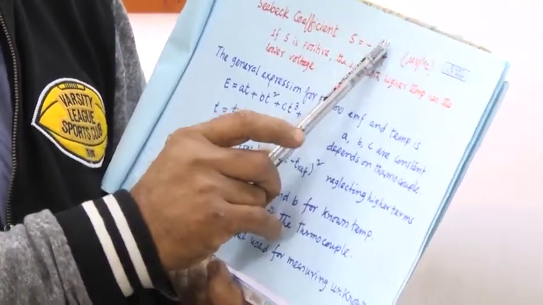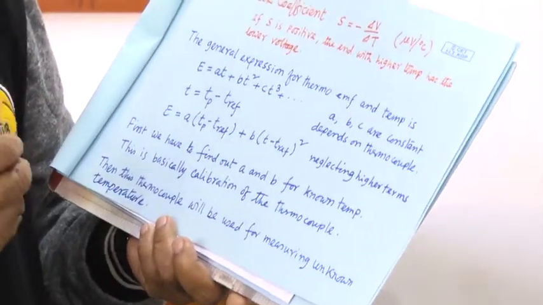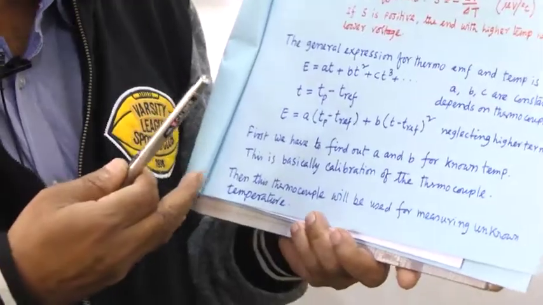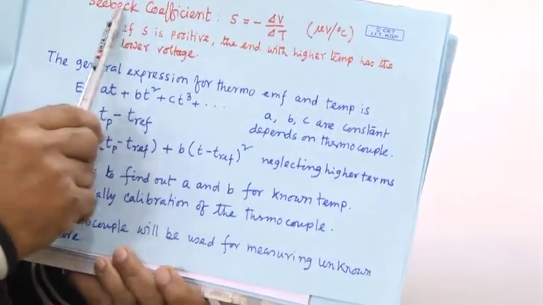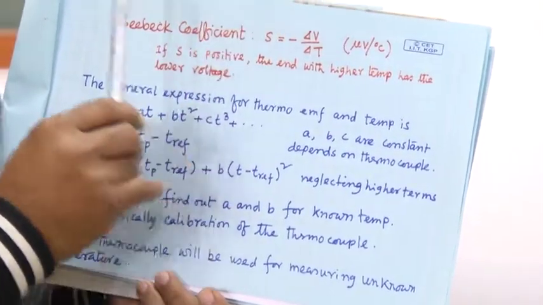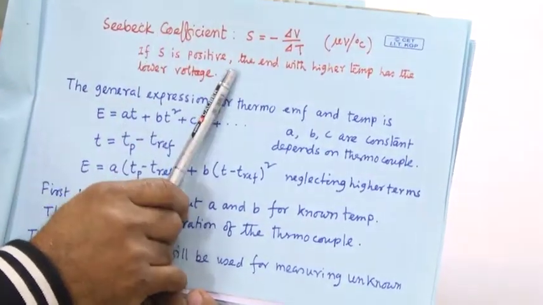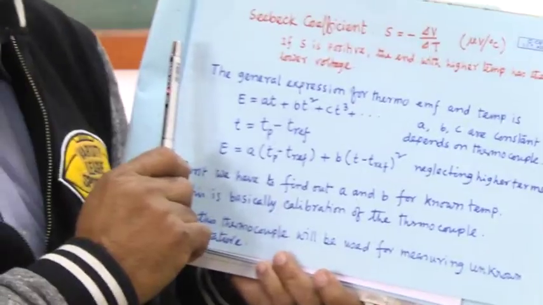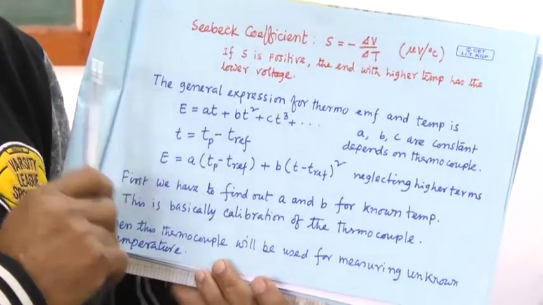Okay. So, in this experiment, which I will demonstrate, our aim is to find out the Seebeck coefficient, or the calibration factor. This is also called the calibration factor for this thermocouple.